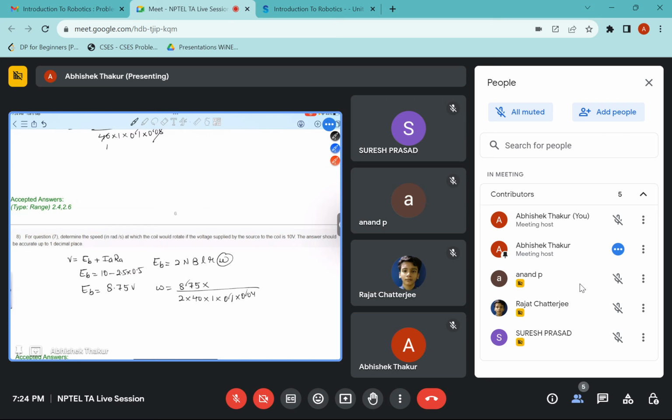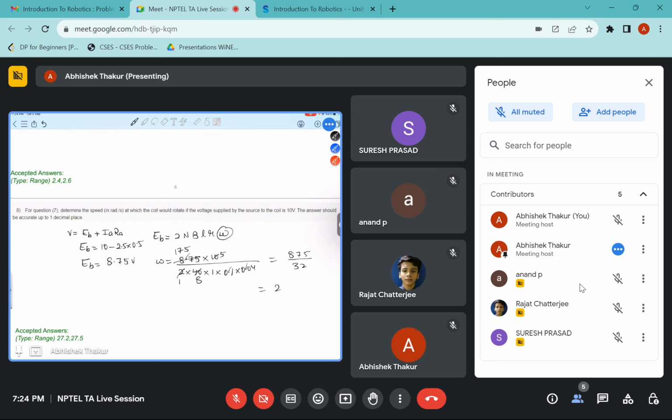So now when we substitute all these values, the answer will be 875 divided by 32, so it will be around 27 point something, 27.3.